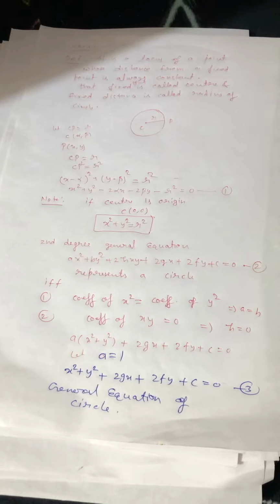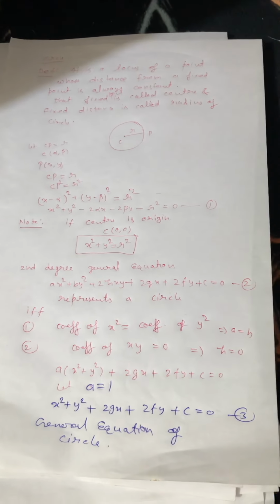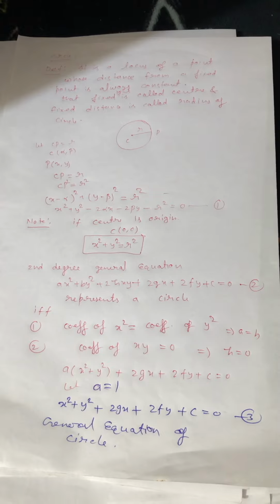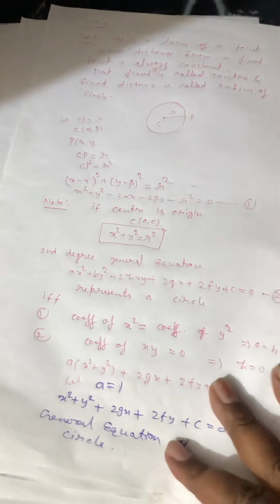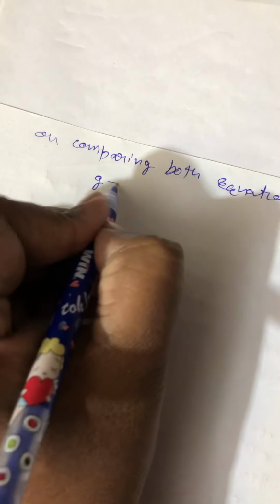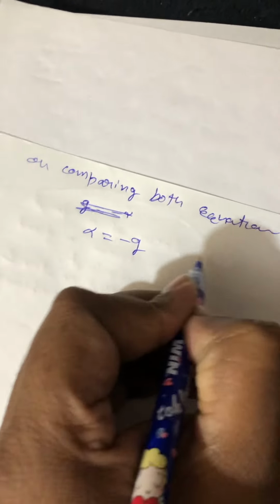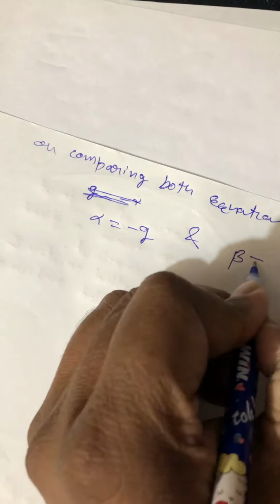Okay, so this is the general equation of a circle, and we know that equation 1 is also the general equation of a circle. So I can compare both equations. On comparing both the equations, I will have g is equal to minus alpha, or we should say alpha is minus g and beta is minus f.